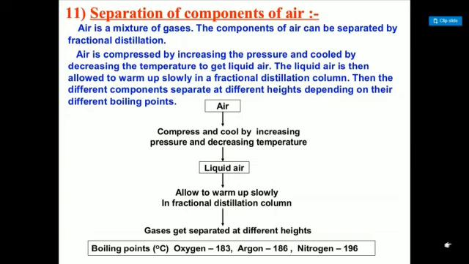The boiling points are minus 183 degrees Celsius for oxygen, minus 186 for argon, and minus 196 for nitrogen. So which one is separated first? Can you tell me? Yes, obviously oxygen is separated first and nitrogen last.